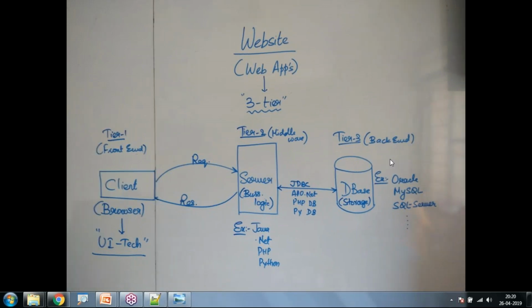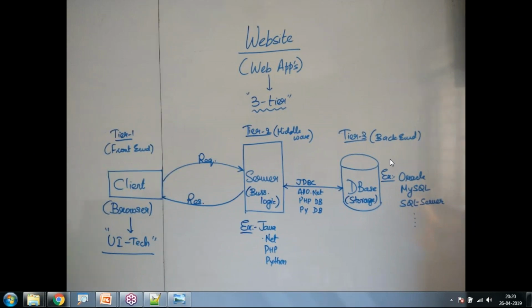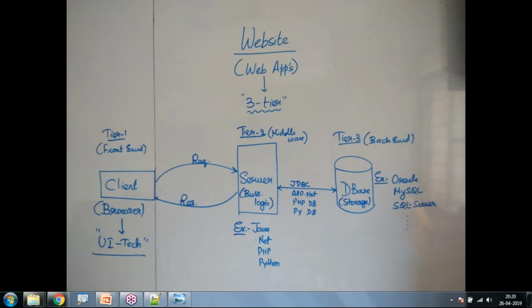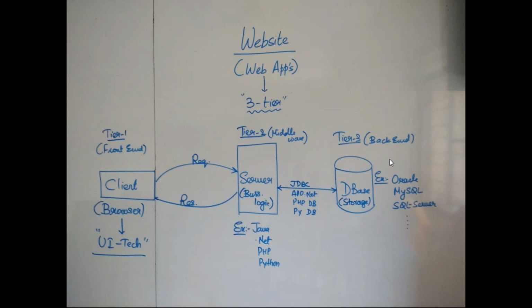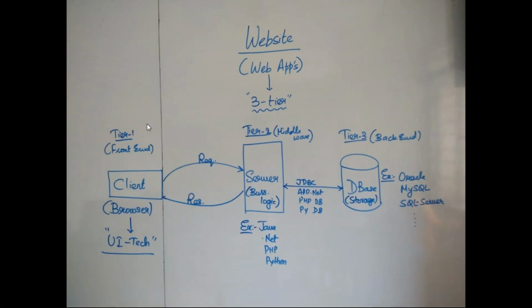All of you? So this is 3-tier architecture for developing dynamic web applications: tier 1, tier 2, tier 3. Tier 1 is the client, tier 2 is the server, and tier 3 is our backend database storage system.